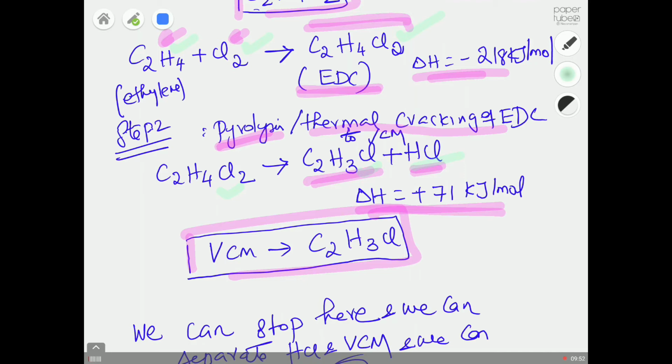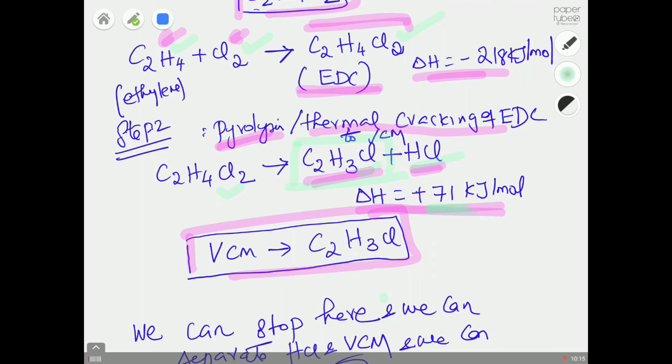And then the first one is highly exothermic. It's going to release a massive amount of energy. 218 kilojoules per mole is a very high amount of energy, and then you're going to supply a lot of energy in the pyrolysis step. Yeah? And then obviously we already got our product, which is C2H3Cl, that's vinyl chloride monomer.